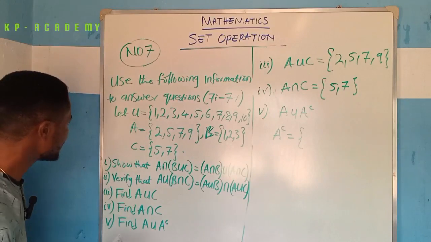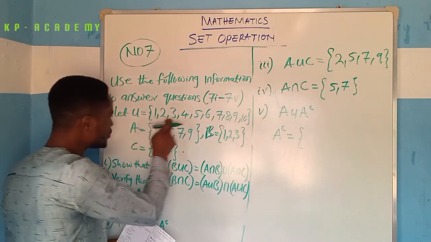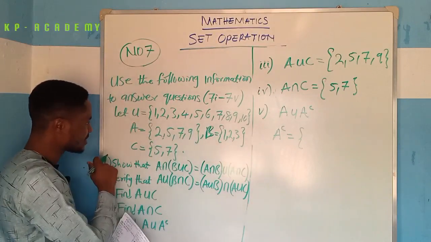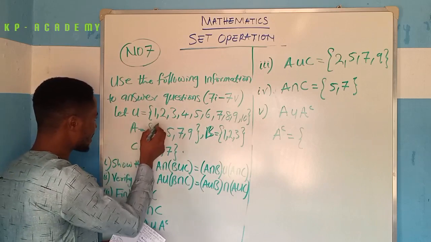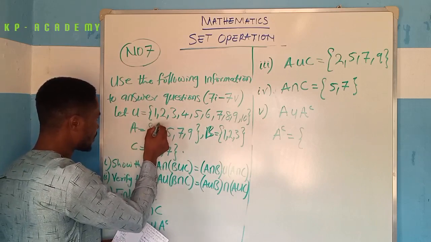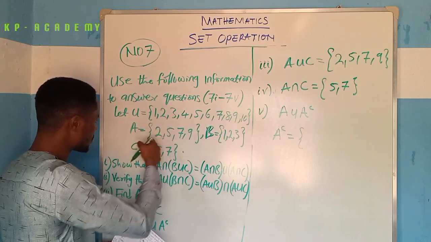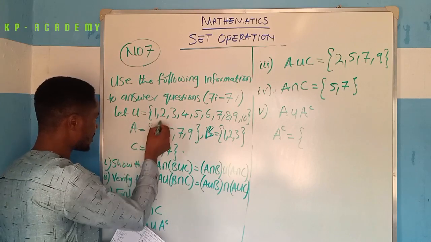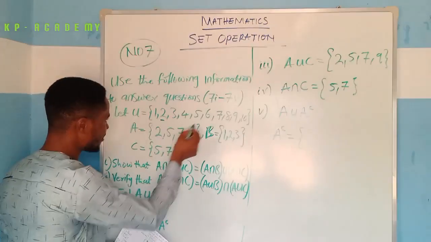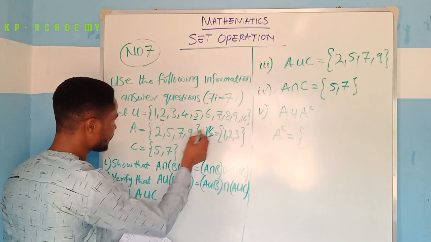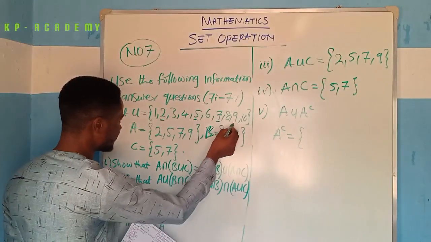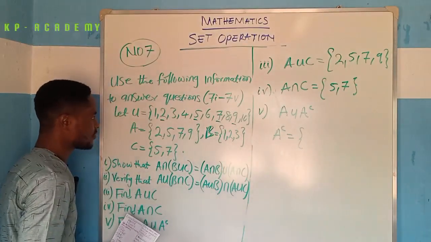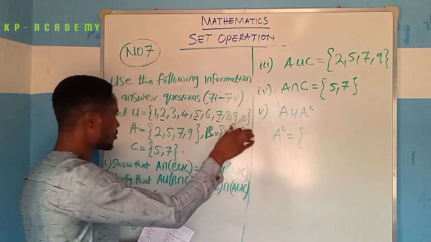So A complement will be the elements that are in the universal set but are not in the given set A. First of all, let us take out what A and the universal set have in common. They have 2, 5, 7, 9 in common, and that's all. So every other element they do not have in common, we are going to write out.